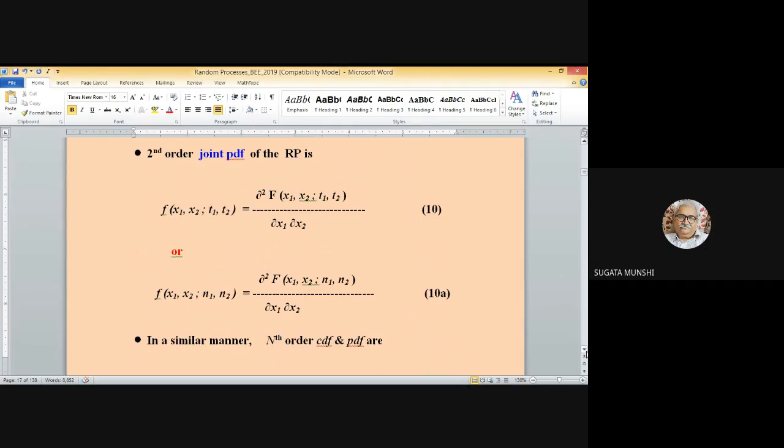All right. So there can be the joint density function involving this capital N number of random variables, the joint cumulative distribution function, the joint density function.